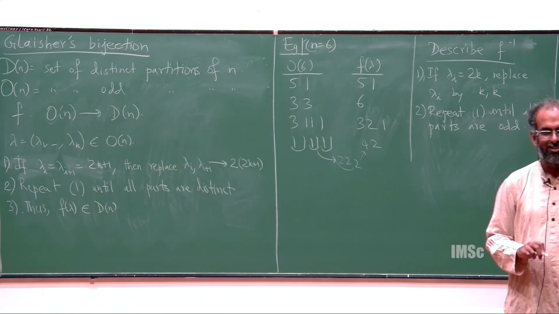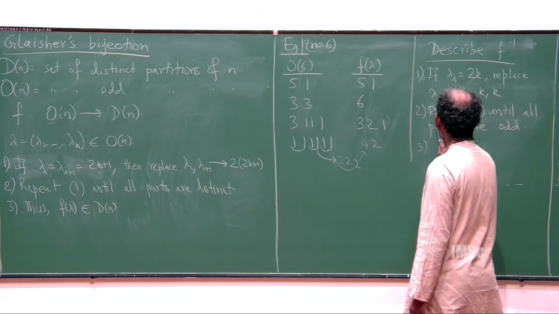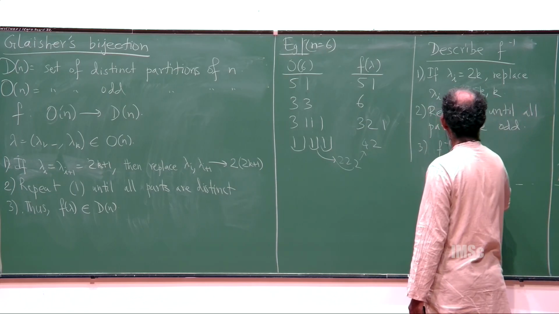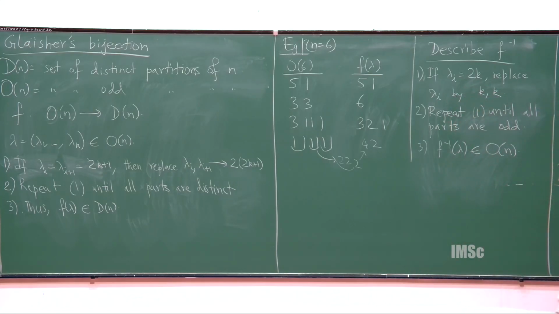Right? So then F inverse of lambda belongs to O of n. You just have to check a few things, but it's easy to see that this is the inverse of that, right? Because whenever you replace 2 occurrences of the same integer by double that integer, the double integer is automatically even.